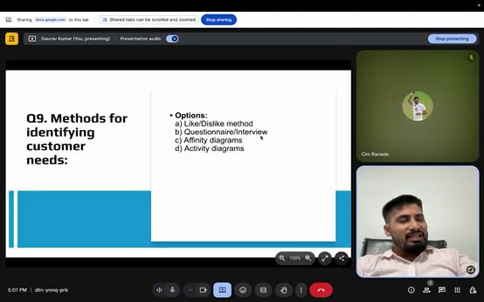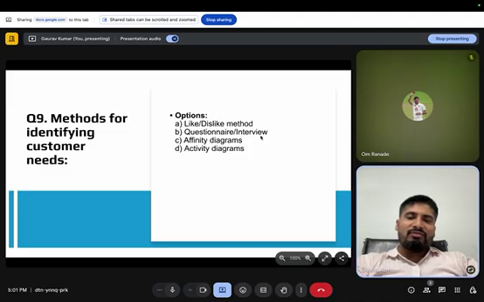Okay, so by systematically capturing the voice of customer data, designers create a foundation for setting evaluation criteria in concept scoring. So these needs influence the weighting factors that guide objective decision making.